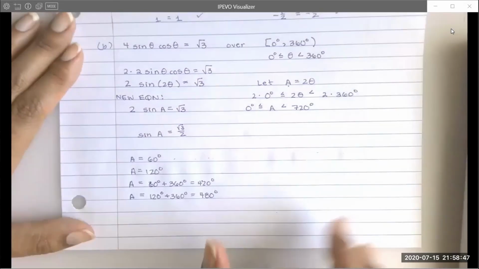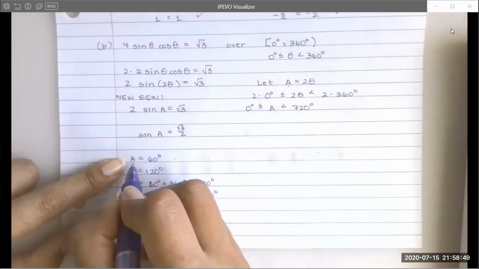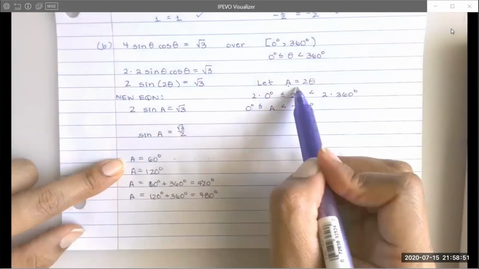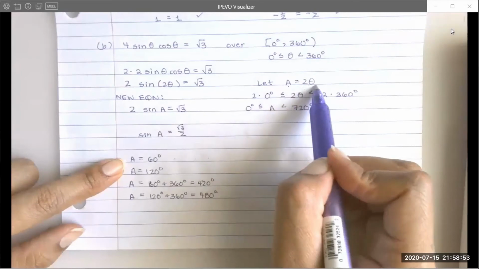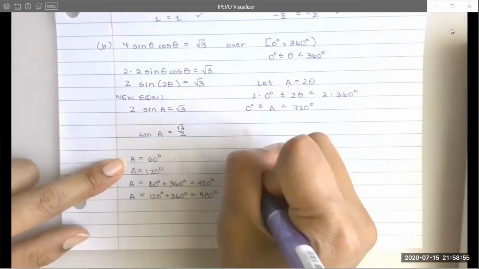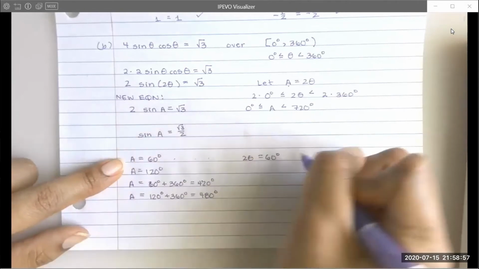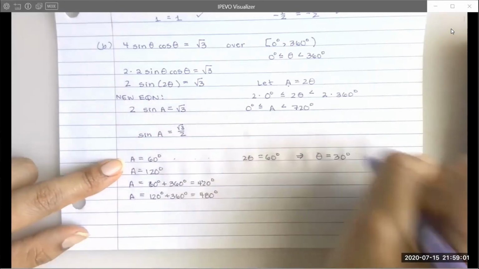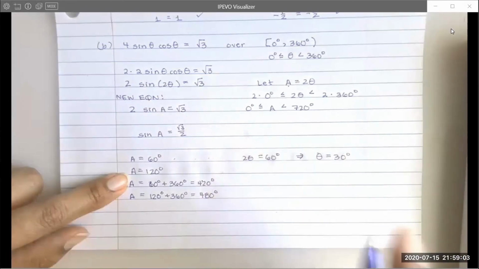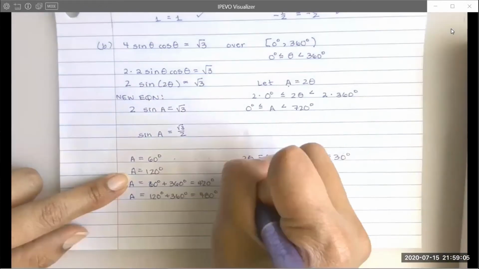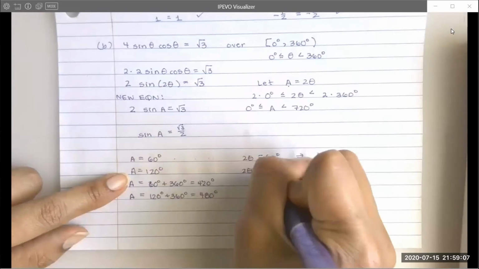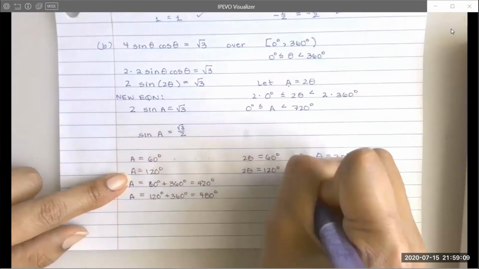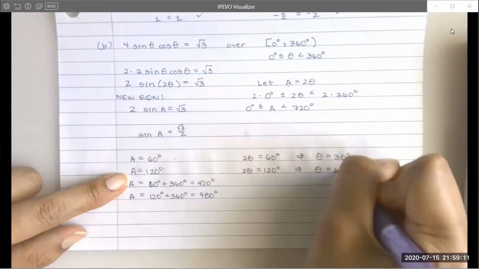So for A being 60, I'm going to replace what A is representing, this 2 theta. So 2 theta has to be equal to 60, which means that theta would be 30 degrees. That's one angle. For the next one, we would have 2 theta equals 120, which means that theta would be equal to 60.